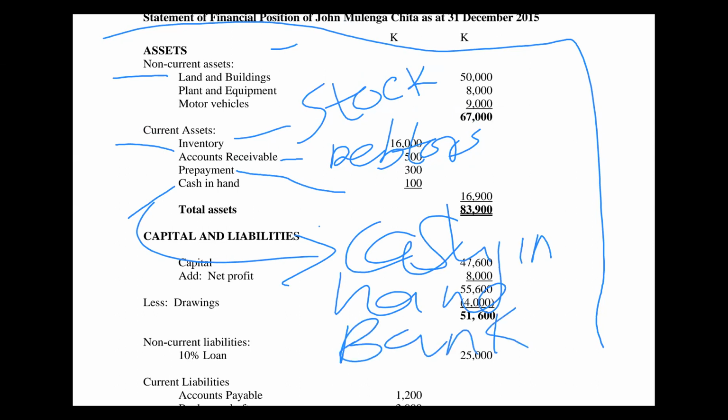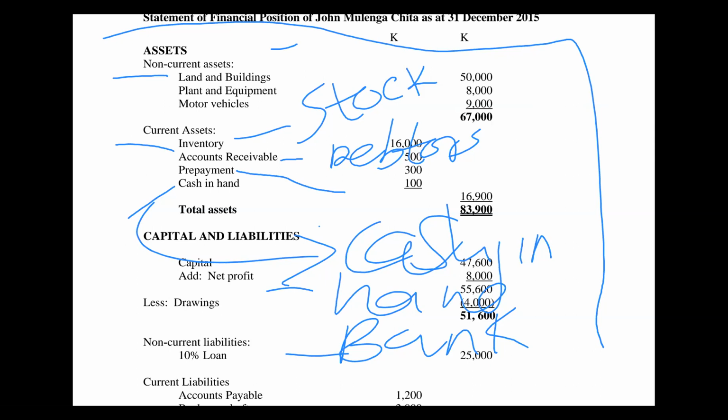All these things form what we call the current assets. Follow nicely the format of the balance sheet. This is the easiest format that you can use, and I would recommend that you use this simplest one, especially this time around.